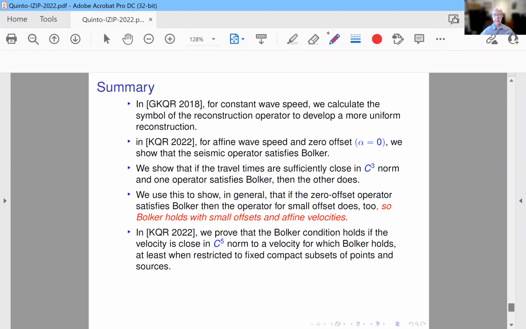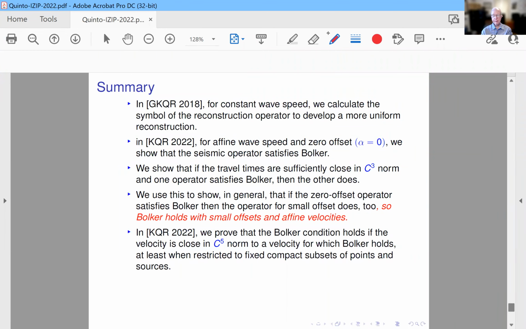Also, we have a result that's fairly technical about the velocities. Namely, if the velocities are close, remember they generate the travel times, if the velocities are close in C5 norm and the travel times and geodesics satisfy some conditions to mean that they're well behaved, then the travel times are close enough.